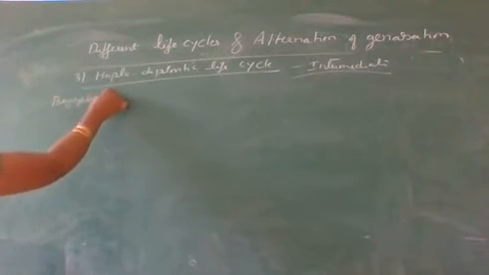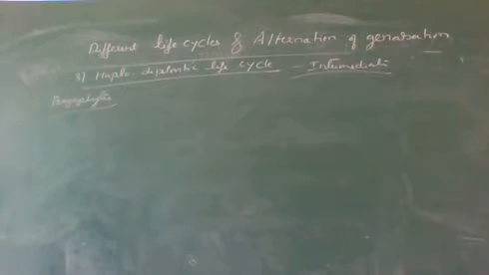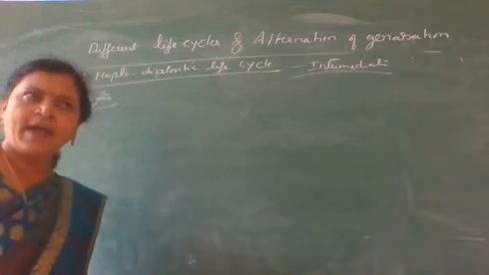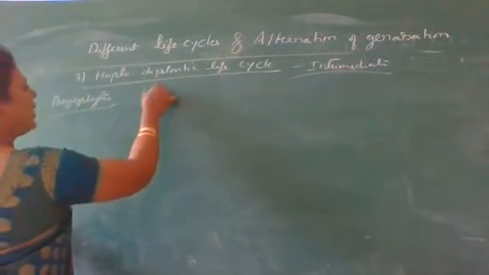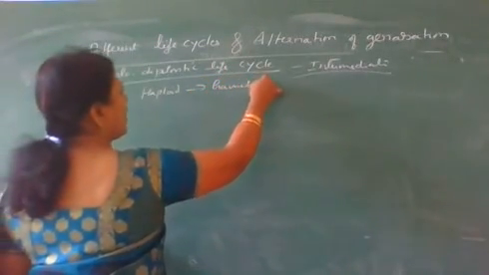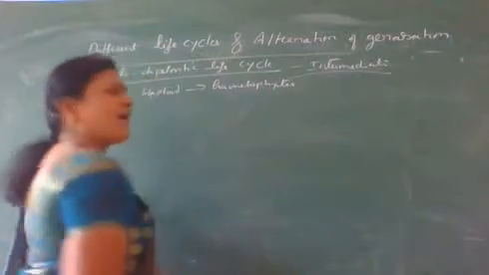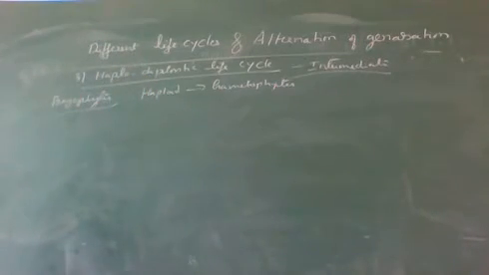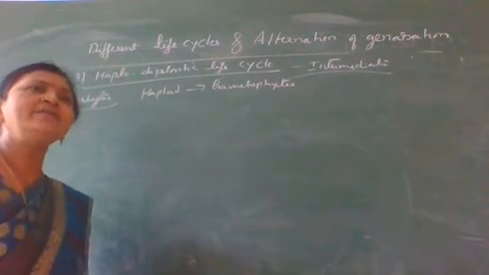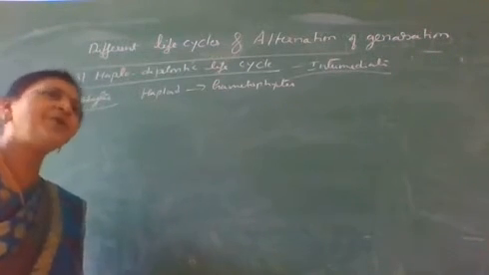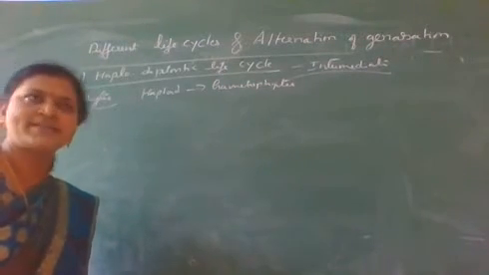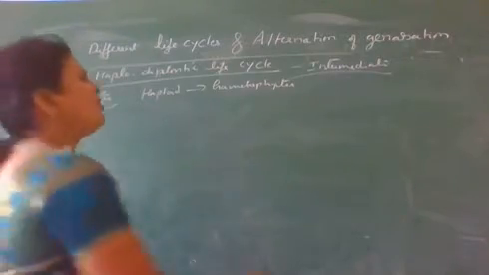So bryophytes are called the amphibians of the plant kingdom, where the predominant plant body is haploid. That too haploid, that is called what? Gametophyte. And this gametophyte produces gametes during gametogenesis, and the gametes produced by the male as well as female sex organs undergo fusion.